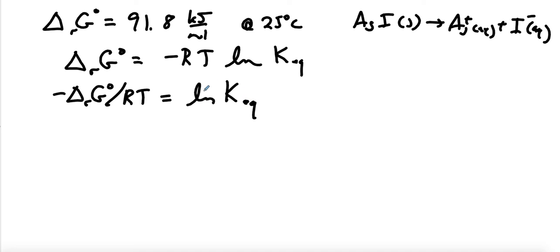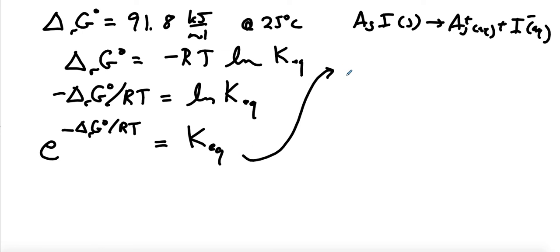That'll get rid of our logarithm. So we're going to have just K on one side and the exponential of negative delta G standard over RT on the other side. Great. Now we can just plug in our numbers and we're ready to go. We'll do that over here on the right-hand side.